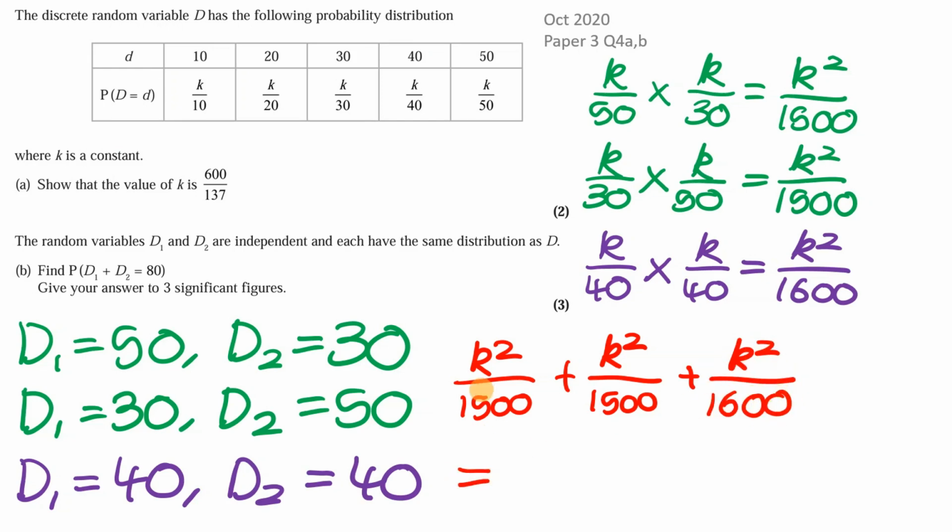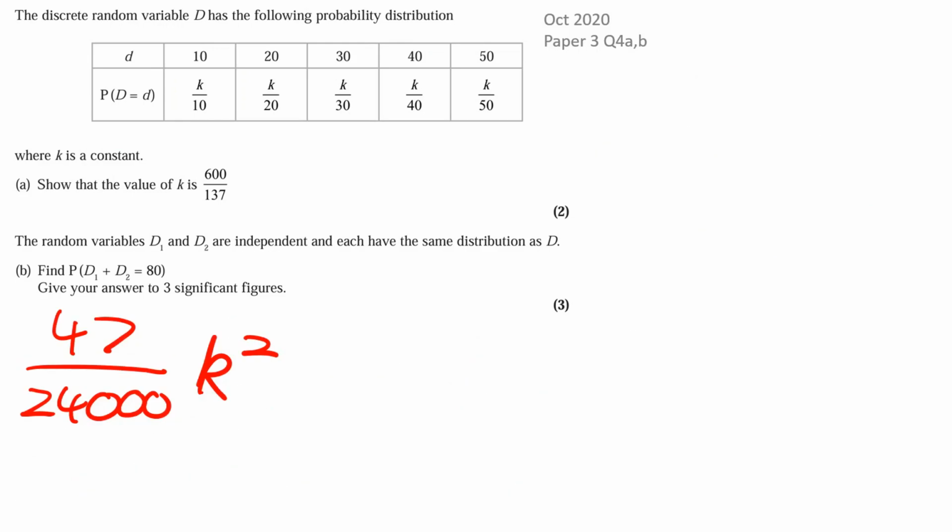Okay, now if you put 1 over 1,500 plus 1 over 1,500 plus 1 over 1,600 into your calculator, it is equal to 47 over 24,000, and then this is going to be multiplied by k squared. So this here is the probability that d1 plus d2 is equal to 80.